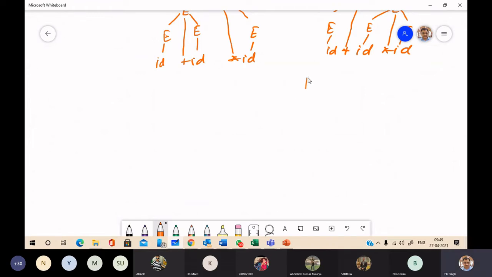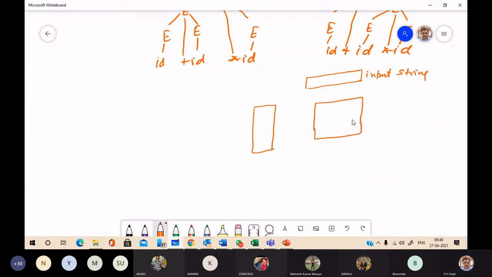There is an input string, a stack, and here we have a parsing program. This parsing program refers to this string and uses this stack for the parsing.